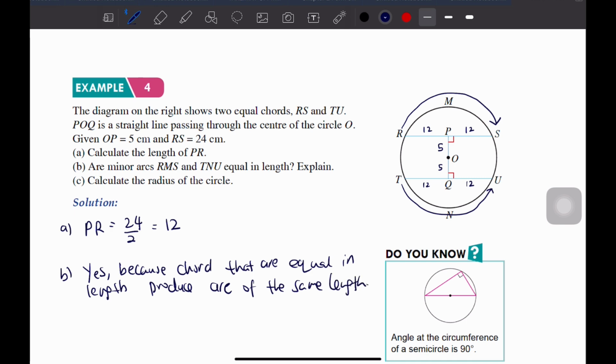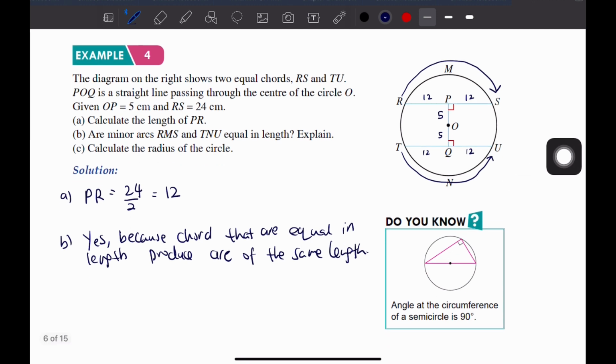I already explained to you previously: if you have a chord and another chord with the same length, the produced arcs are also the same in length. So the last one, C: calculate the radius of the circle.